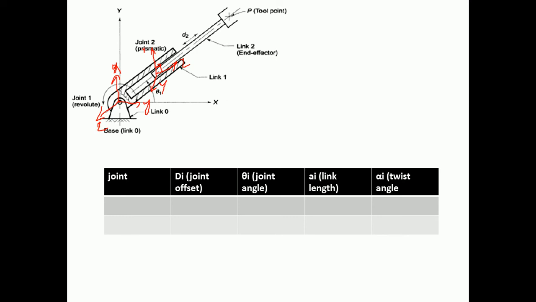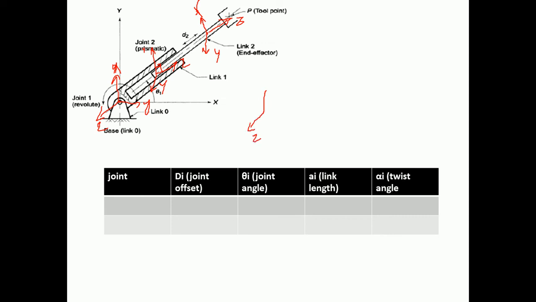Okay, now in a similar manner, the end effector frame is similar to the previous frame, so over here this is z, this is x, and this is y. Okay, so you can see that link 0 and link 1 have the same origin. We are trying to create these frames on the links.